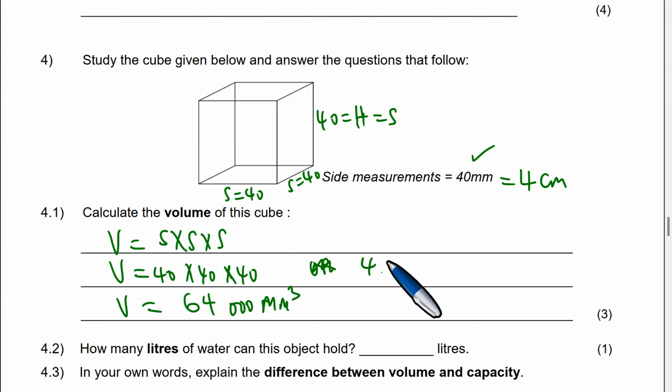So here you can say 4 by 4 by 4, which is 64 cubic centimeters. You can also do your answer in millimeters, but you can also do it in centimeters. Any question? No question, sir. All right, we continue.